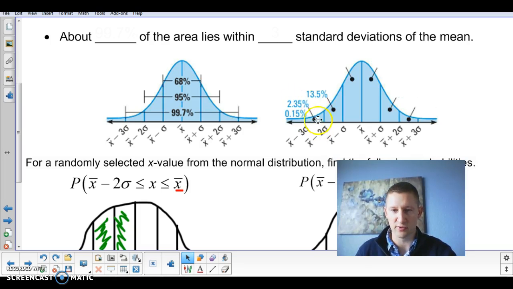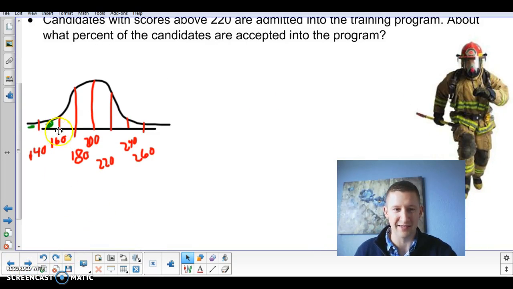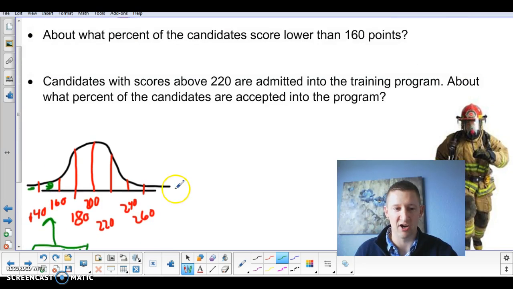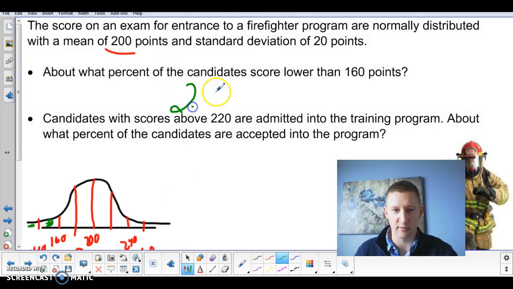If I add those two together, 0.15 and 2.35, that would tell me what percent is in this region. That would be about 2.5% down there in that region. So that'd be the number that I would have for anybody scoring less than 160 points. So we'll go 2.5%. A little messy, but you get the idea.